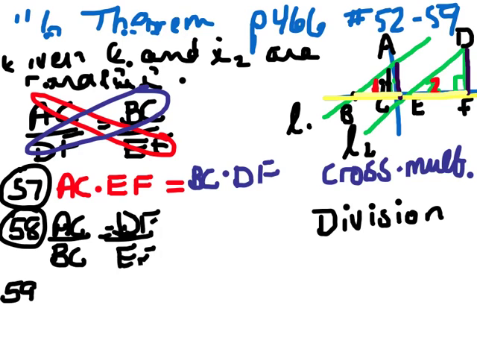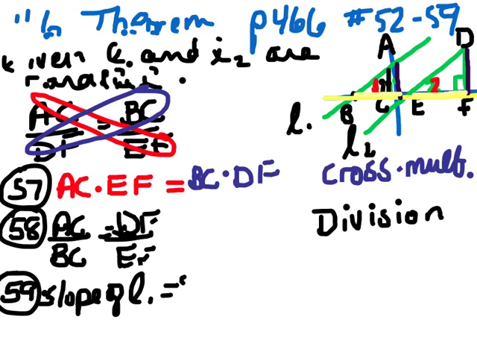And so 59, if you look, isn't AC over BC what we had on 52 that was the slope of L1? So what we have here is the slope of L1 on the left, and on the right we have the slope of L2.